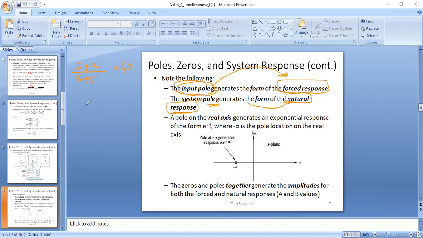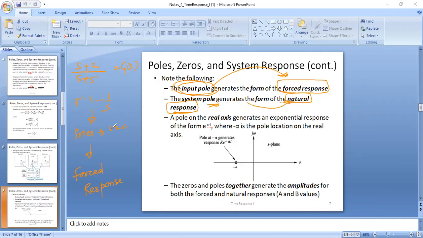This was G of S and R of S was 1 by S. Here if you see for input, what poles you have? You have pole at S is equal to 0. So this will generate your forced response.